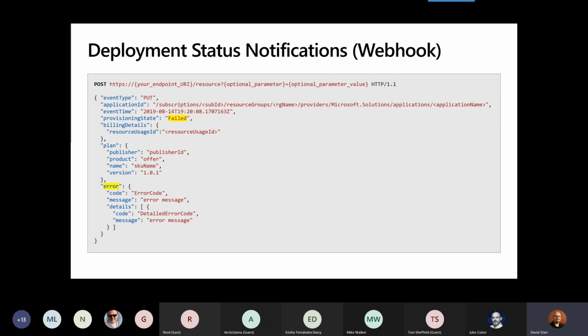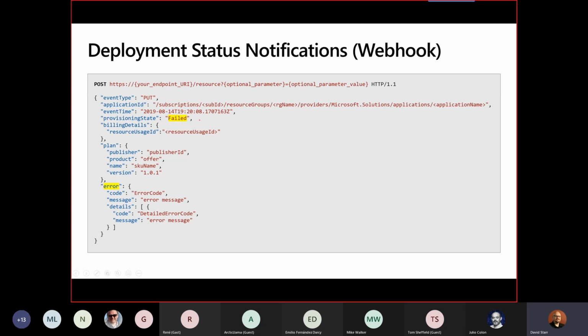And here's just a little bit different example. And note here that we failed deployment, so you can take action on that, like notifying your customer that their deployment failed.